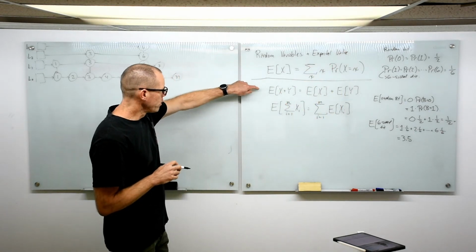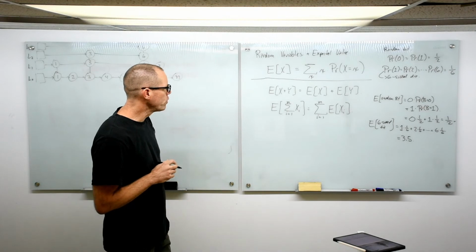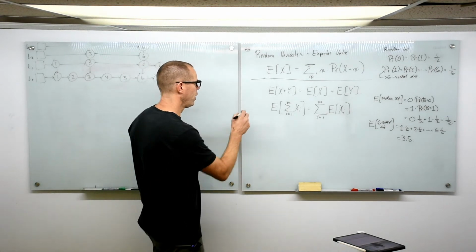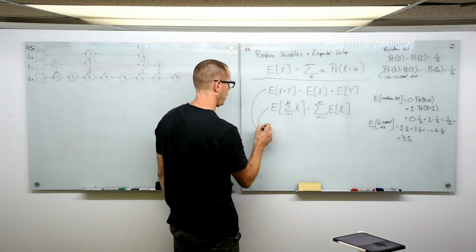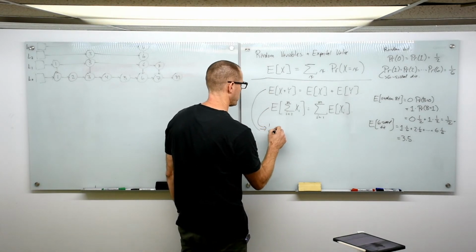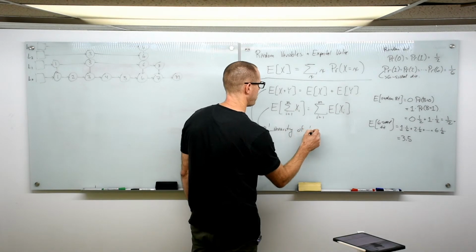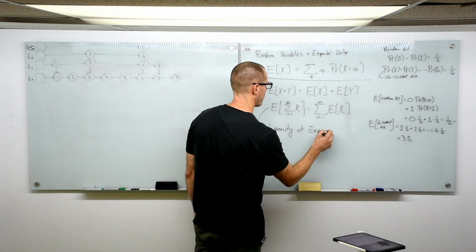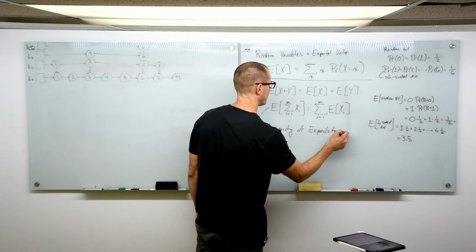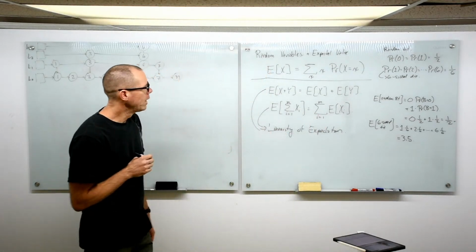And here's the most important thing, the most useful thing about expected value. This property that I'll explain in a second is called linearity of expectation. Okay.